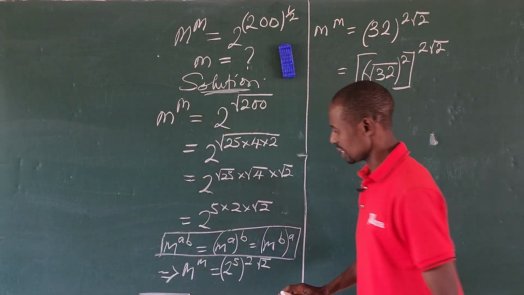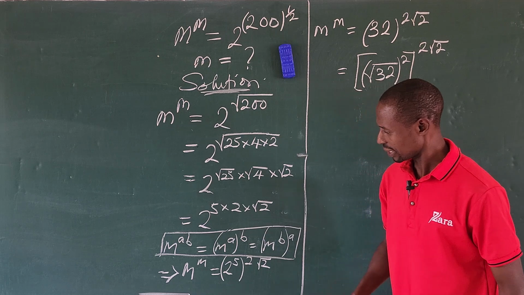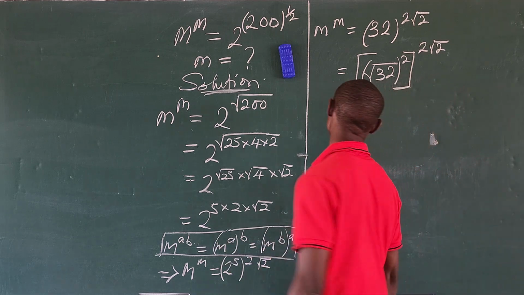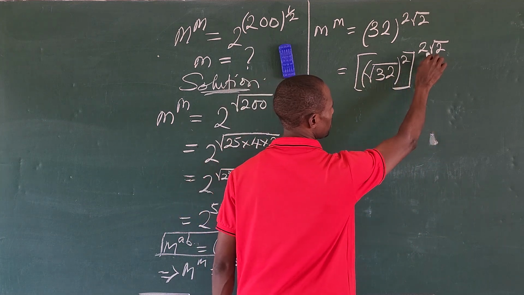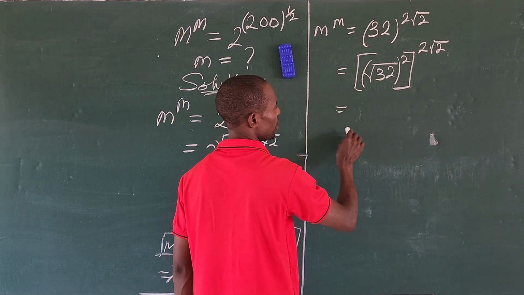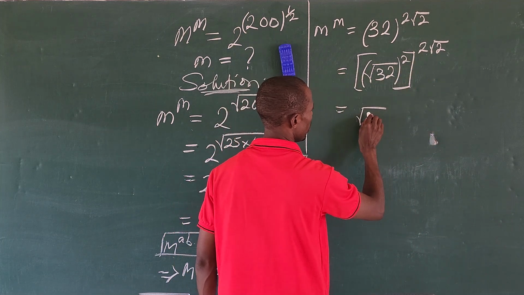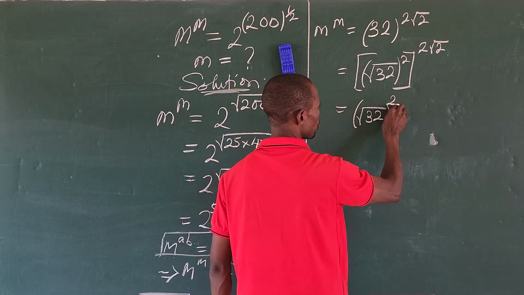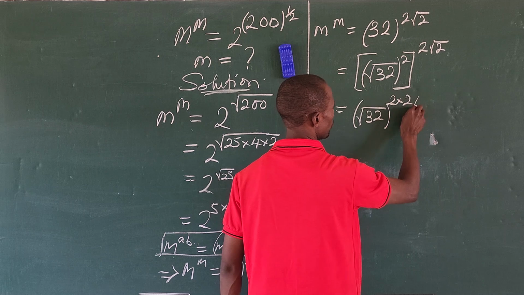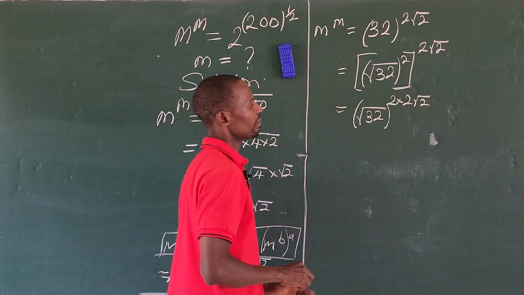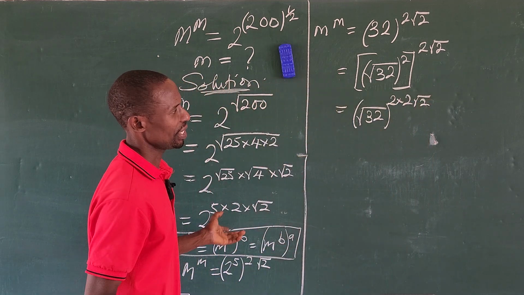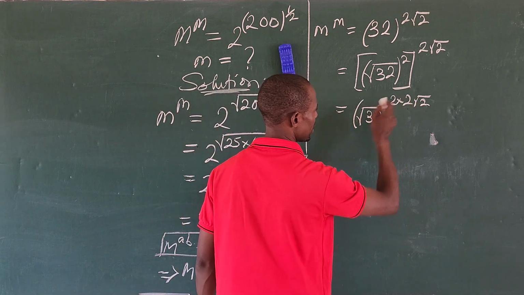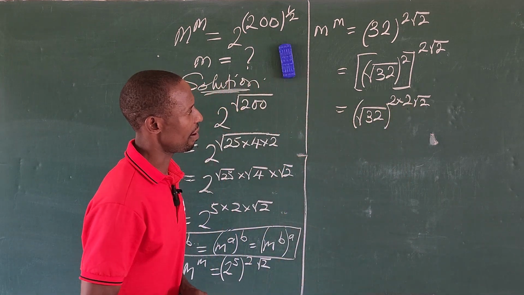Now, according to this law again, we can use this to multiply. And so this gives us the square root of 32 all raised to 2 times 2 root 2. Easy, right? Good.